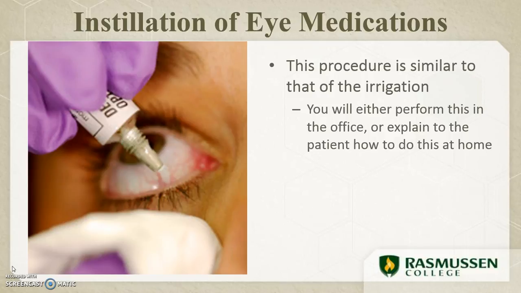The medical assistant will pull the eyelid down with the non-dominant hand and hold the dropper about an inch or half an inch above the eye and apply the recommended amount of drops or prescribed medication. As you can see in the picture here, they're using an ointment. You want to put it in the bottom lid, and then once it is administered there, you can release and the patient can blink it throughout the entire eyeball itself.